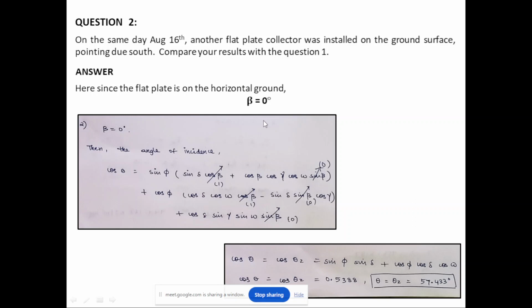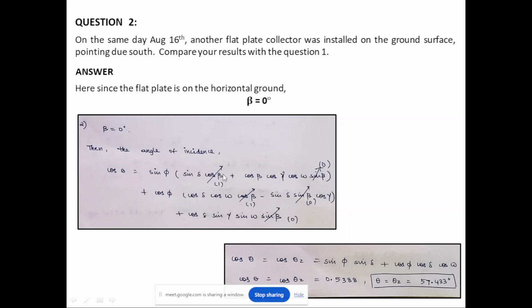Since this angle of incidence is a function of beta, I hope everybody remembers, in the last live interaction, we said that theta is a function of phi, that is your latitude, delta, that is your declination angle, beta, that is your slope, gamma, which is the orientation of the flat plate collector, and omega, which is your hour angle.